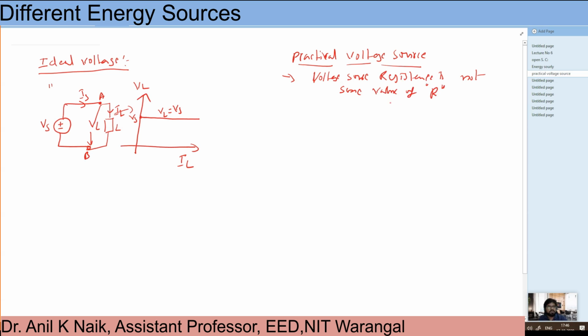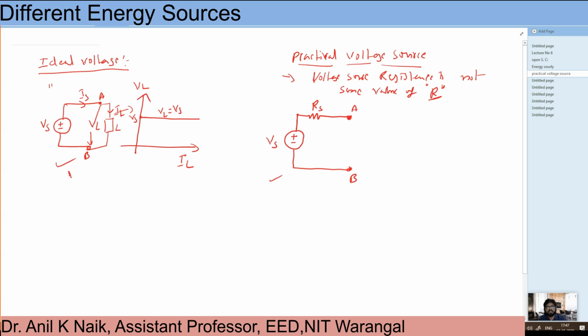If you consider this resistance of the voltage source and redraw the practical voltage source, it could be like this: this is my Vs, and this is RS, some resistance value of your voltage source, and this is my AB terminal. Now see here, the ideal voltage source and the practical voltage source.